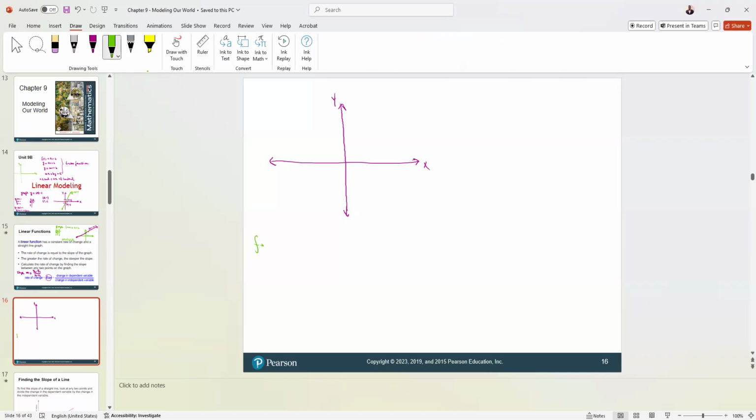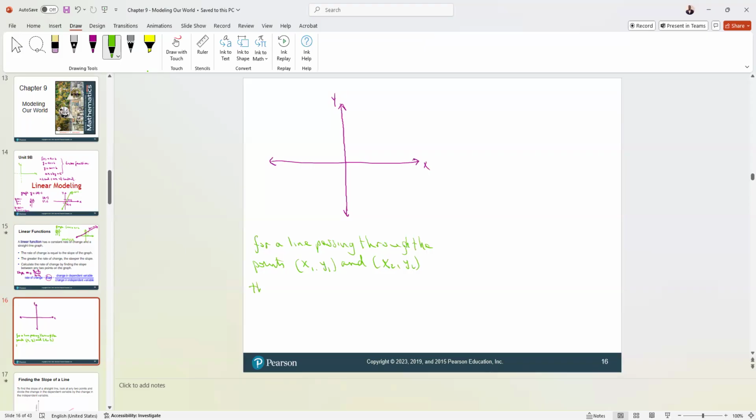For a line passing through two points, because I don't know them yet, I can call them (X1, Y1) and (X2, Y2).